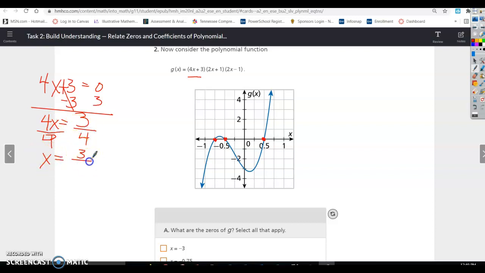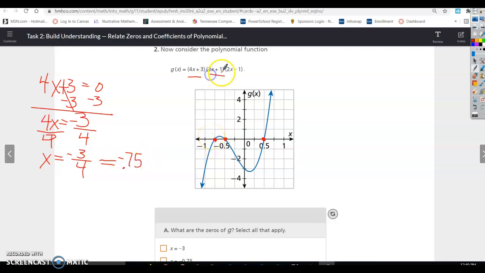So x equals 3/4, and that's supposed to be subtraction, so that's negative 3/4. So negative 3/4 is equivalent to negative 0.75. So that's that first point here.